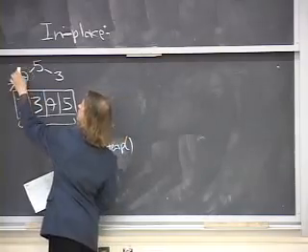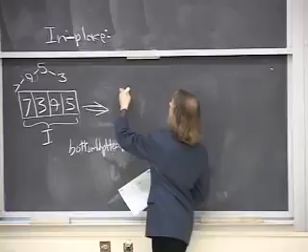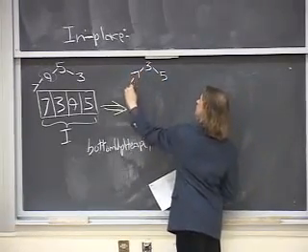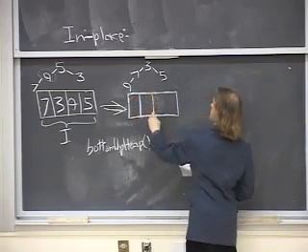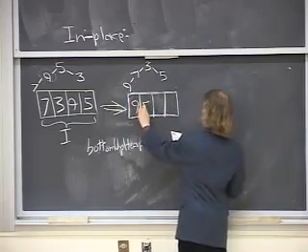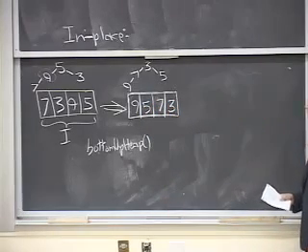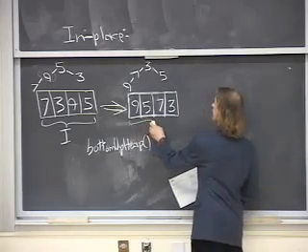So first the 9 goes down the heap, swaps with the 7, then the 5 goes down the heap, swaps with the 3. And so we wind up with this. Now, it's still all unsorted, but it's in heap order at least.